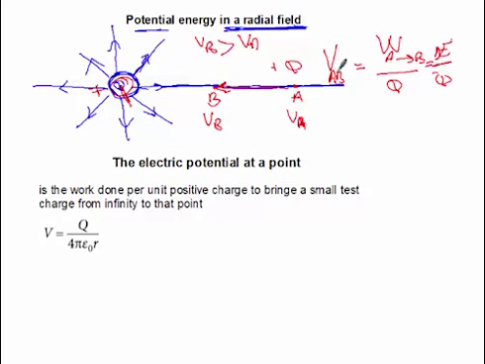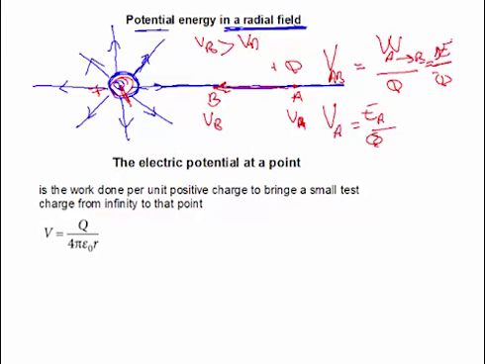And again, we can say if we want the potential at a certain point like A, we have to go for the energy at that point divided by the charge, and this will give us the energy per charge at that point, which is the potential at this point.